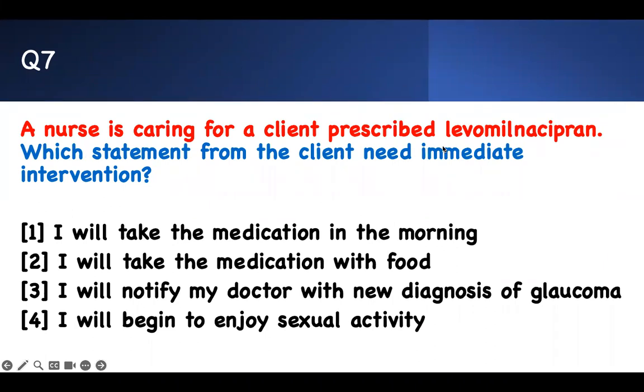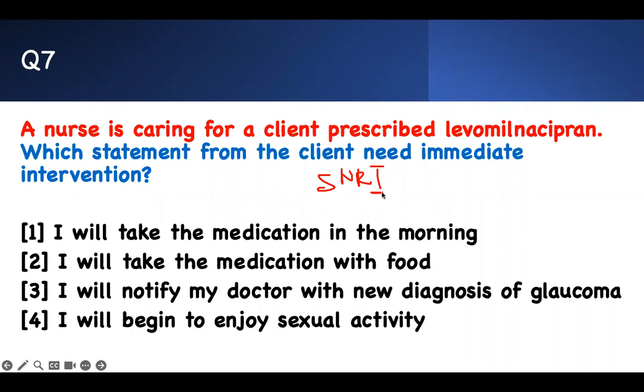Levomilnacipran is a serotonin norepinephrine reuptake inhibitor, not an SSRI. It's an SNRI, so it's a different class of medication. What is the major side effect of this medication? It's right there in front of you. You can figure it out, even if you don't know.